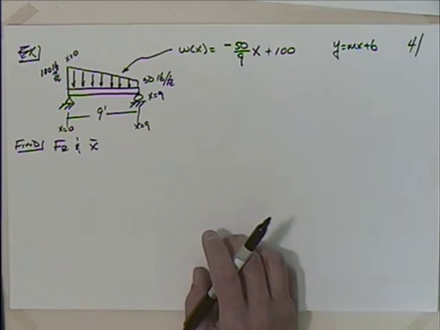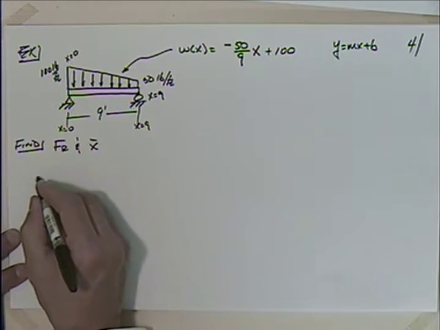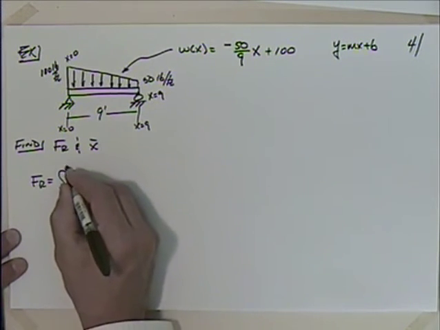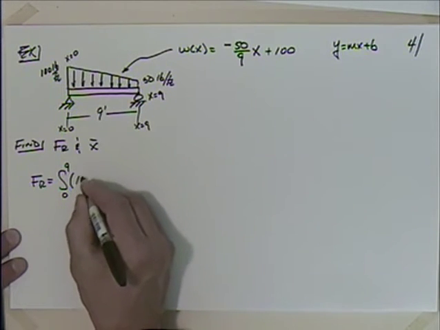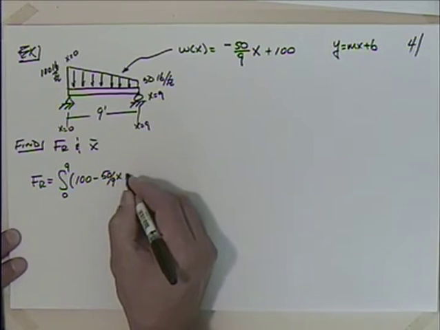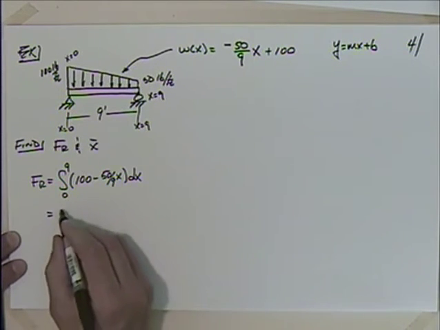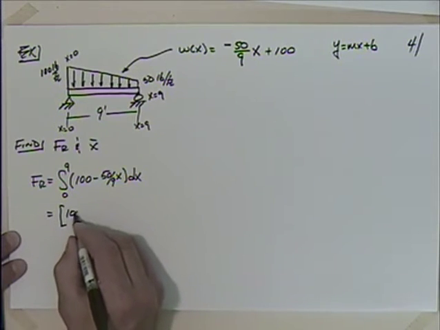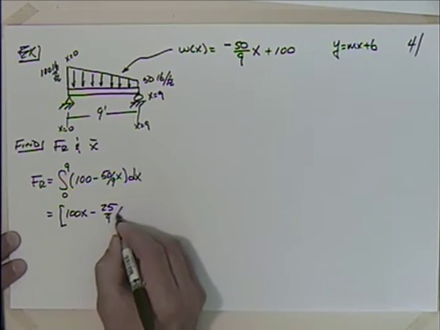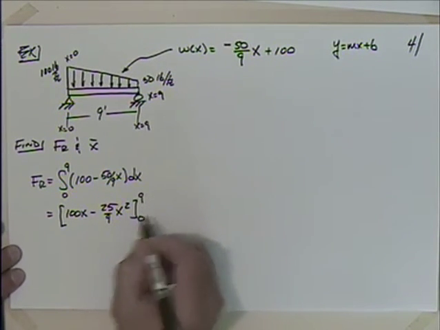Well, let me take that equation then, and I can use it to find the area under there. I could say that F sub r is going to be the integral from 0 to 9 of 100 minus 50 over 9 x dx, which gives me what? 100x minus 25 over 9 x squared, evaluated at 0 and 9.